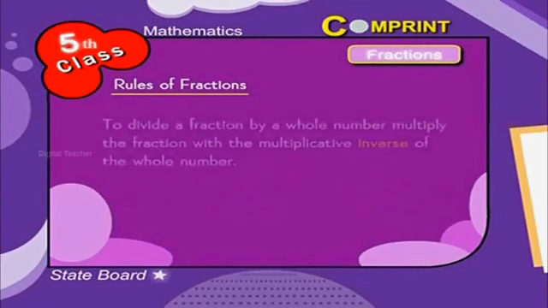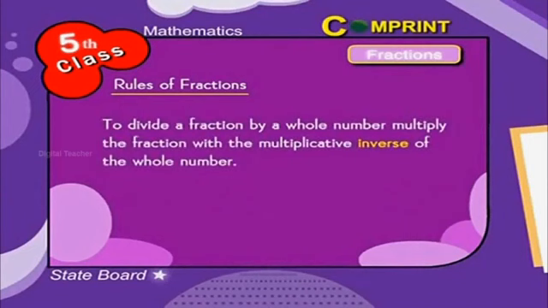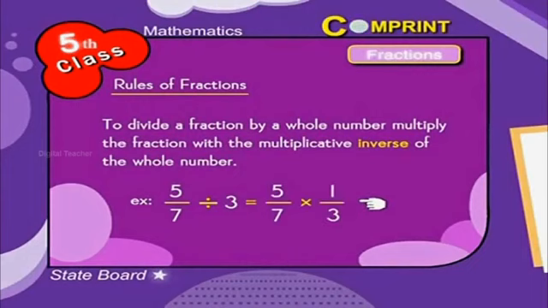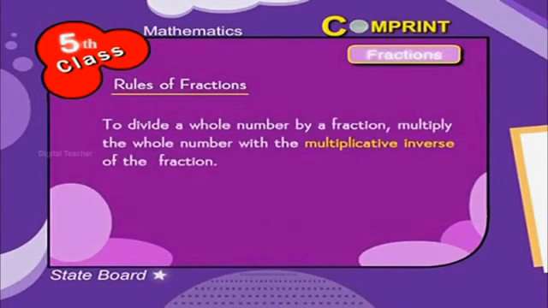To divide a fraction by a whole number, multiply the fraction with the multiplicative inverse of the whole number. Look at the example. 5 by 7 divided by 3. It should be written like this. 5 by 7 into 1 by 3 is equal to 5 1 is 5, 7 3s are 21. That is 5 by 21. To divide a whole number by a fraction, multiply the whole number with the multiplicative inverse of the fraction.